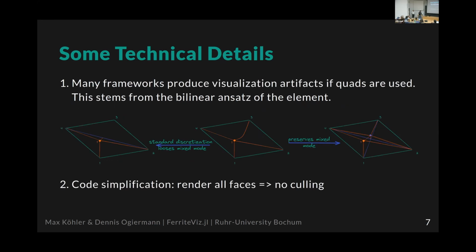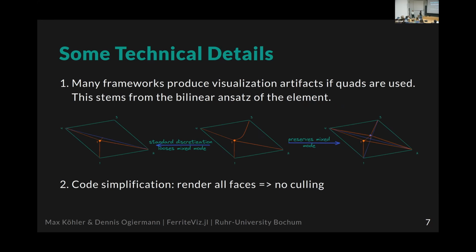You see here some of the details. If we have, for example, a bilinear ansatz on a quadrilateral, we have linear in one direction, linear in the other direction, and also a nonlinear diagonal mode. Then in PDE, we would say that we can discretize a quadrilateral into two triangles.